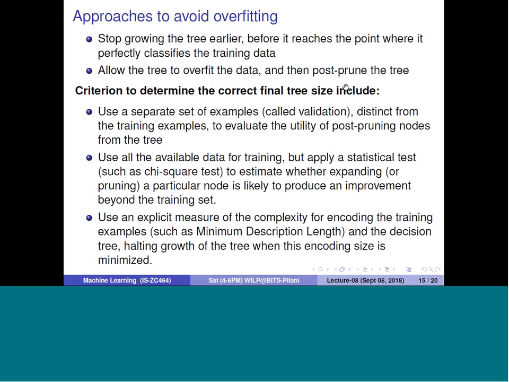I have told you that I can cut in this way, but I can only cut if there is some basis. What is the basis? For that we go for the validation set.